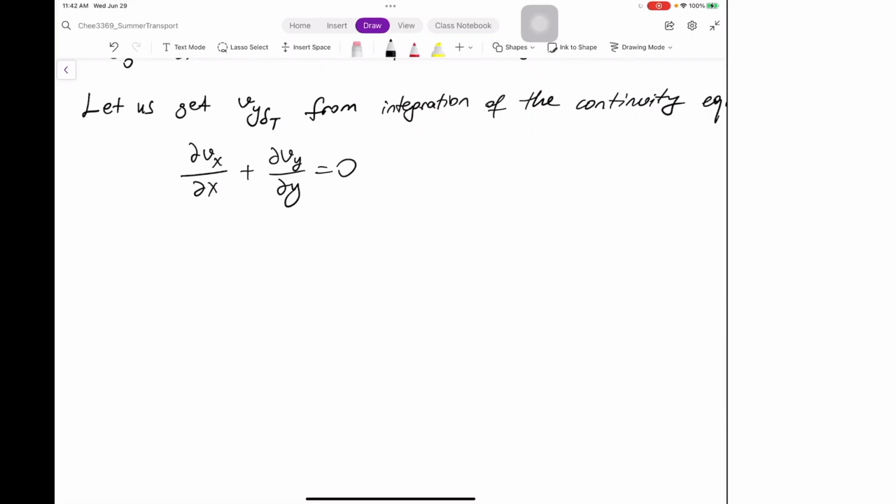If you integrate both sides, all terms from 0 to delta t, integral of del Vx over del x dy plus integral 0 to delta t del Vy over del y dy is equal to 0, right?